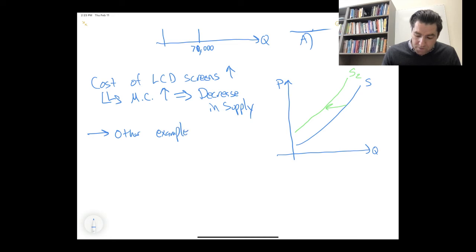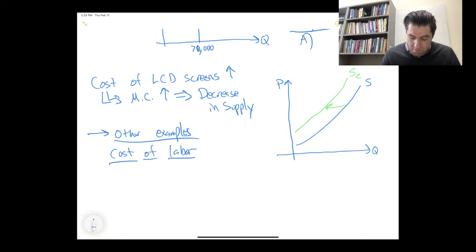So, that is a material or an intermediate good used in the production. But other resources, so a great example would be the cost of labor. Right? So as the cost of labor increases, that increases the marginal cost of producing goods. That is going to shift the supply curve to the left.